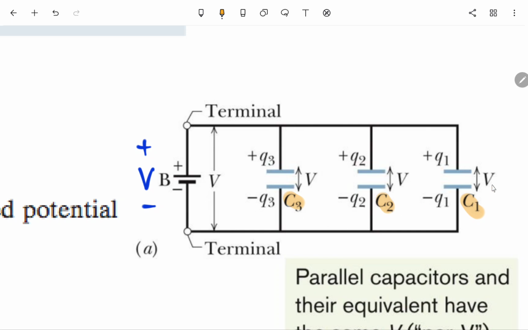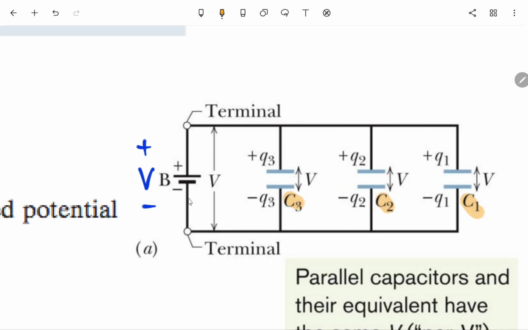Okay, so in that case, as much as this wire is connected to these three nodes, from here to here to here, all the points share the same electric potential. And as the negative terminal is connected to here and here and here, these three bottom plates share the same electric potential.